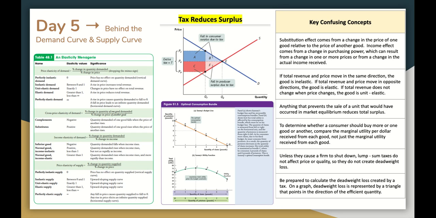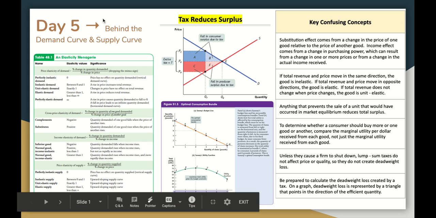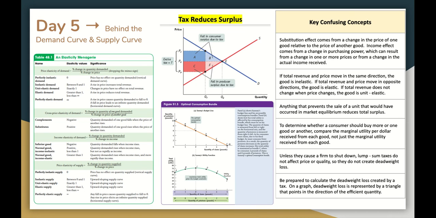What is extraordinarily important to understand from this section is this graphic that I got from your Krugman textbook. For Unit 8, these are all the different elasticities: price elasticity of demand, cross price elasticity of demand, income elasticity of demand, and price elasticity of supply.